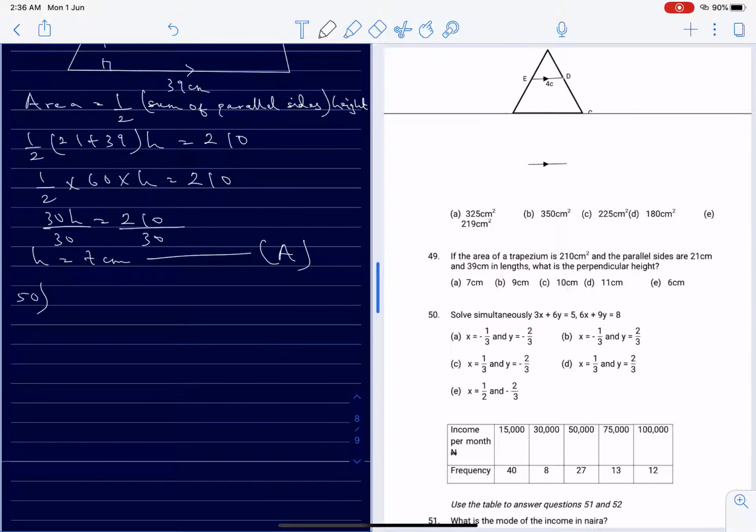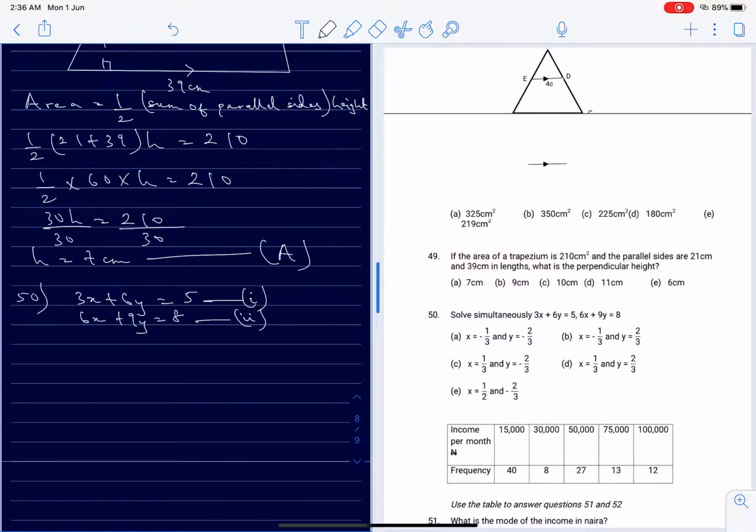Solve simultaneously. 3x plus 6y equals 5 and 6x plus 9y equals 8. So this is a piece of cake. Let's call this equation 1 and this equation 2.